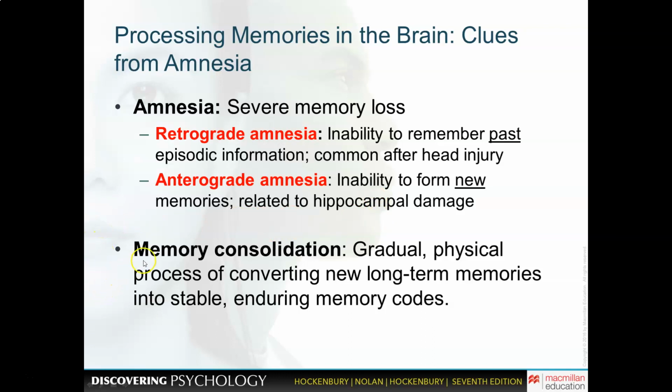Okay, and then there's this term right here, memory consolidation. Now, basically, all that refers to is gradually converting new long-term memories into stable, enduring memory codes. Okay, I'm not going to go any further with that. It's just something that's important to memorize.